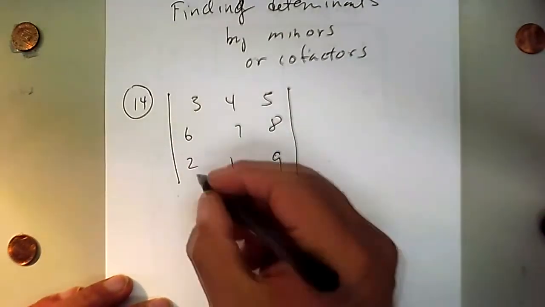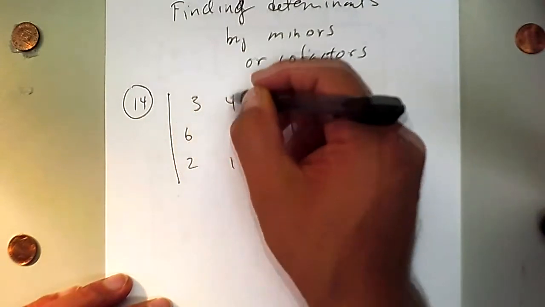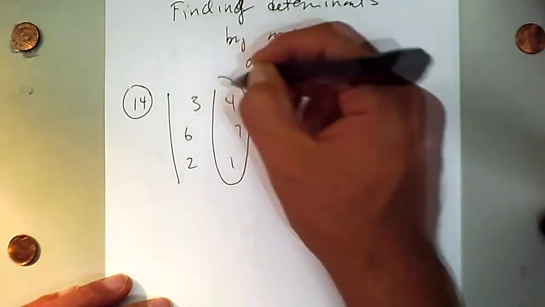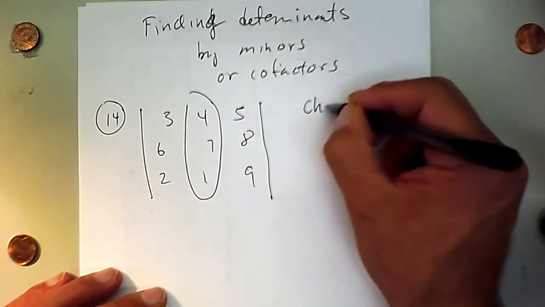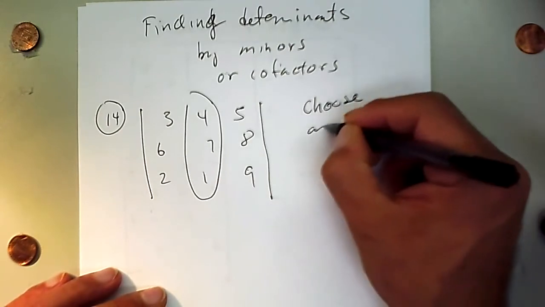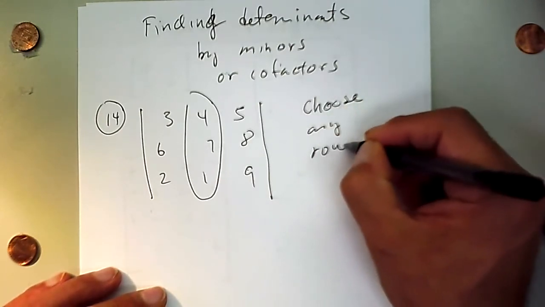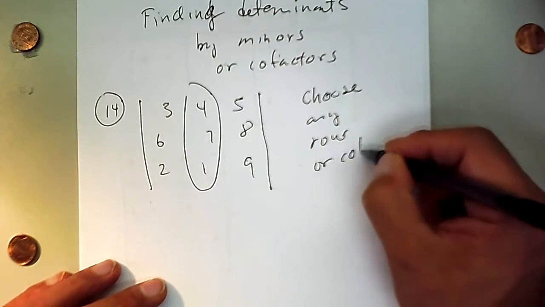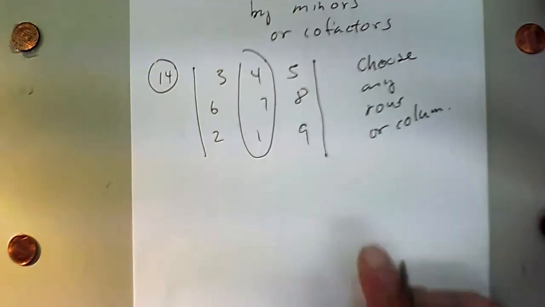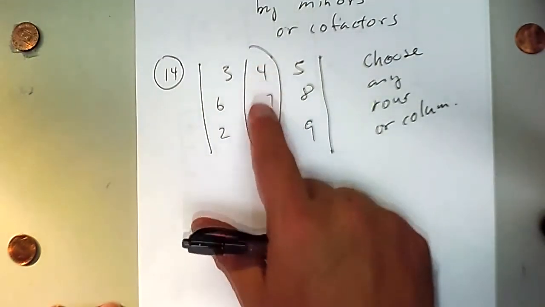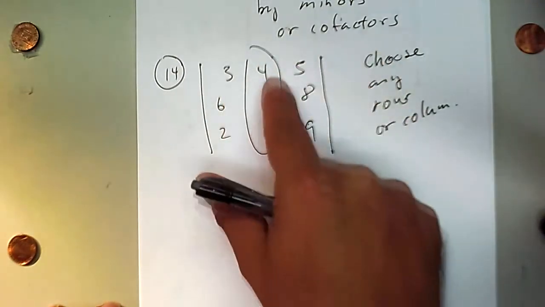Let's say we want to pick this column. Choose any row or column, and then start with the top one or the one on the left. It doesn't matter, but start with that.